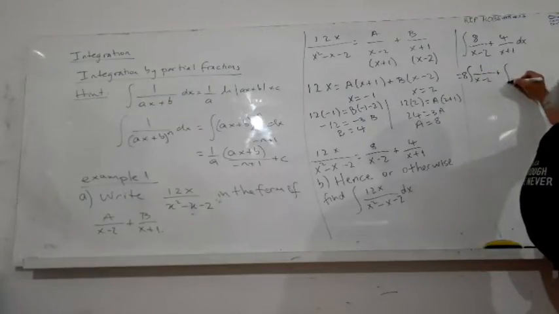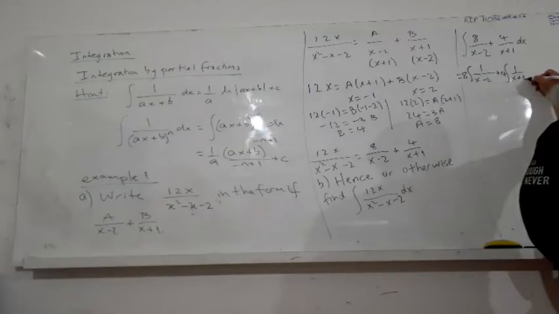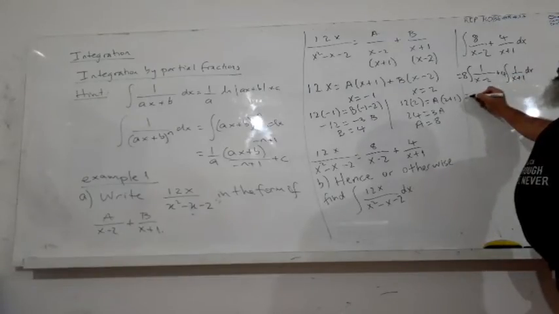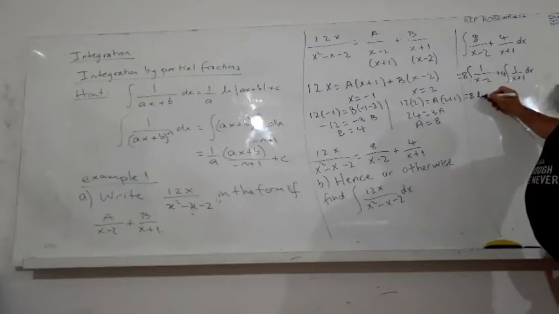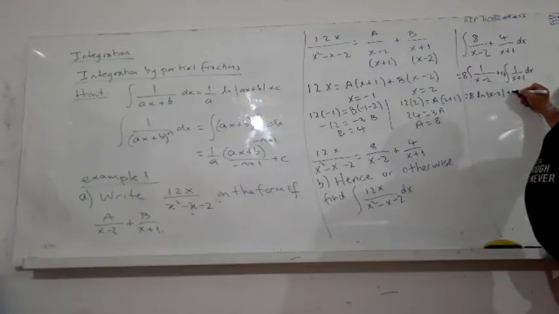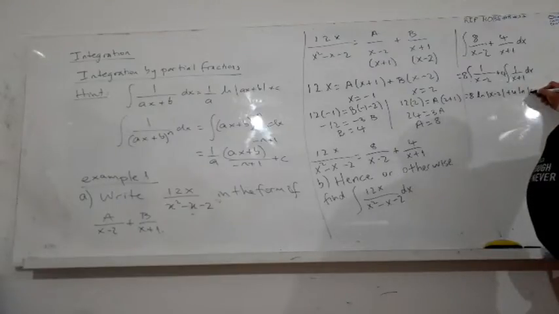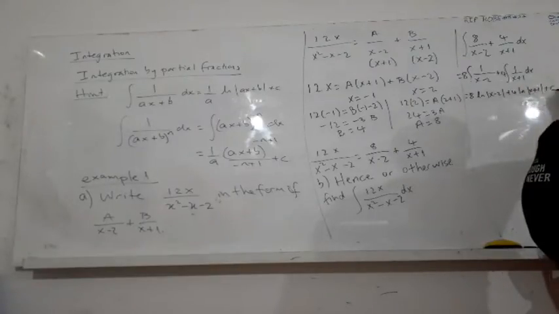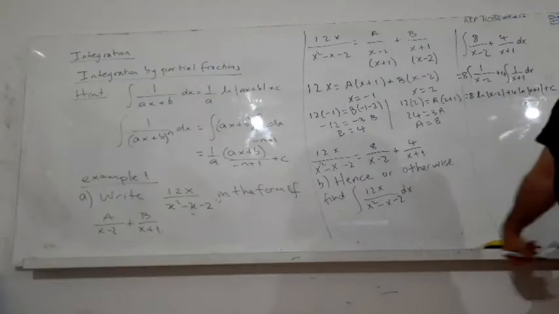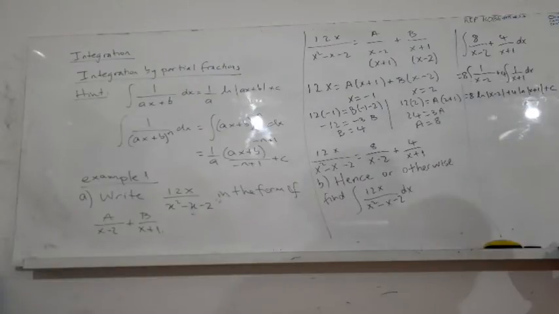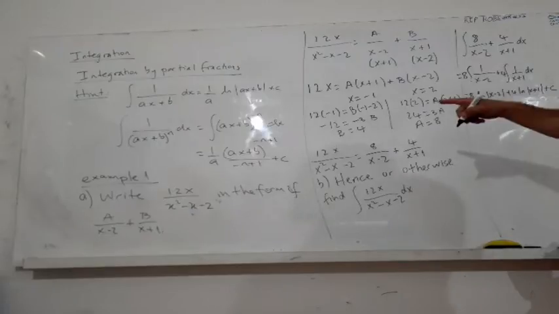So this is equal to 8, we don't have any number there, it is 1, so 1 over 1 ln of x minus 2, plus 4 ln of x plus 1, plus c is the answer. That is example 1 for integration by partial fractions.